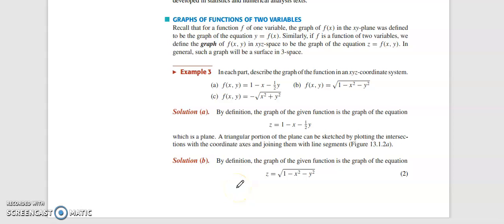So now we will look at graph of few functions of two variables. Ini graph നമ്മൾ usually എങ്ങനെയാണ് represent ചെയ്യുക? So we will see that for function of two variables.